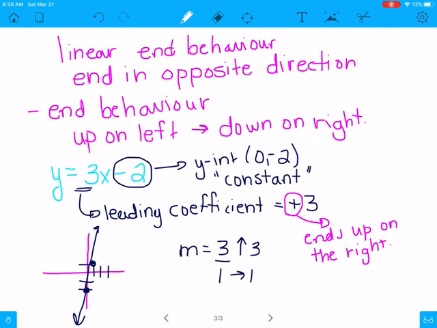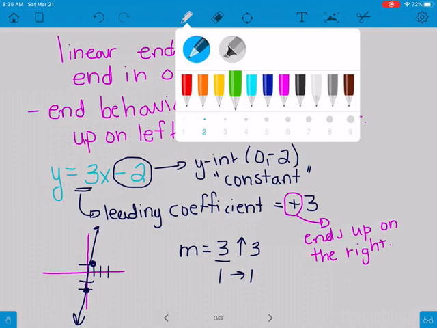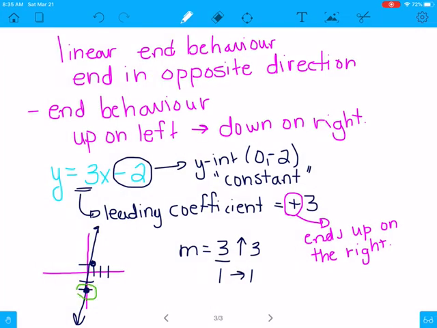So now let's prove if I'm right. You can check it. I should have a y-intercept at -2, which I do. And I should be ending up on the right, which I am, which means I end down on the left, which I did. Basing it on being linear, I know it has to be in opposite directions. It's up on right, it's down on left. Okay?